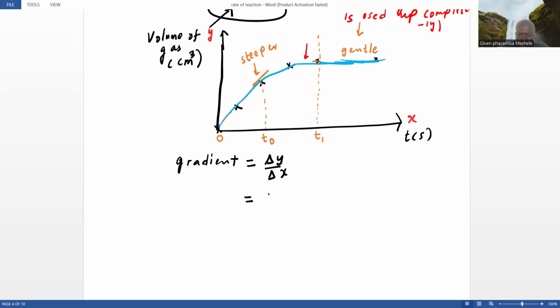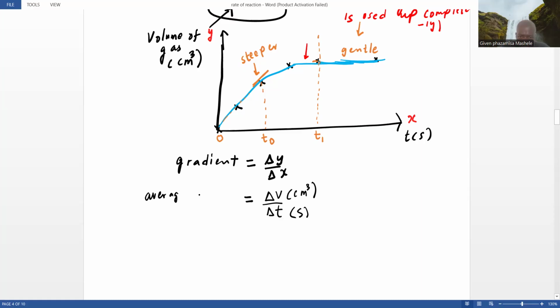So we're going to have change in V over change in t. The volume is in centimeter cubed, according to the units I said. The time is in seconds. And this is called the average rate of reaction.